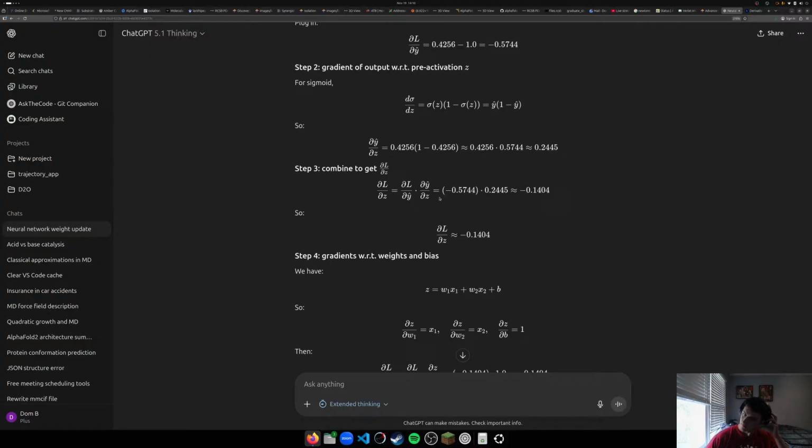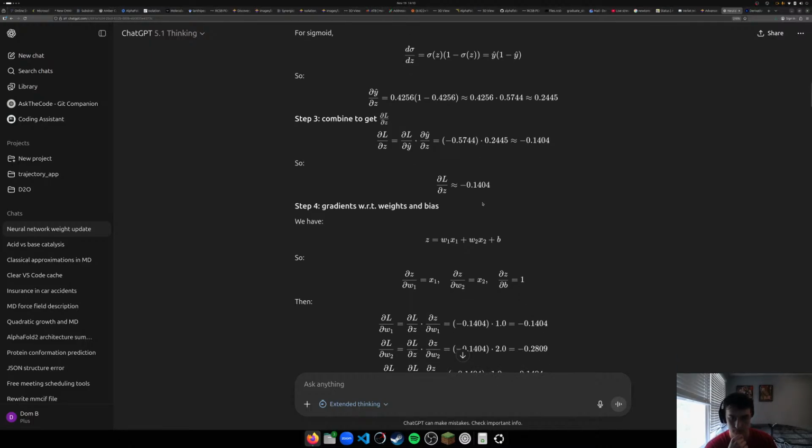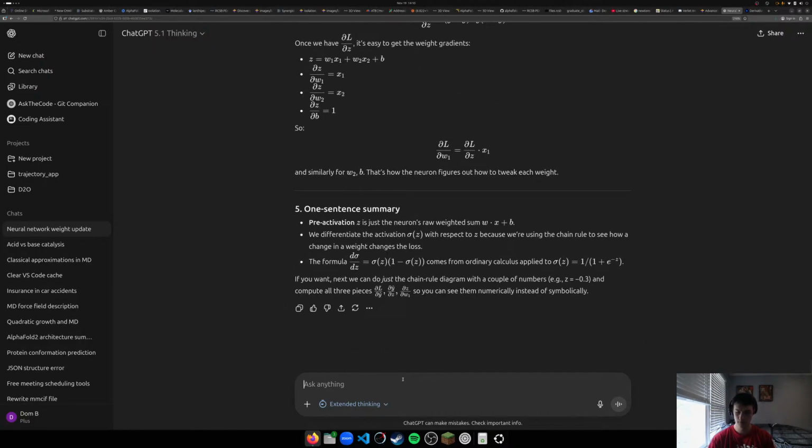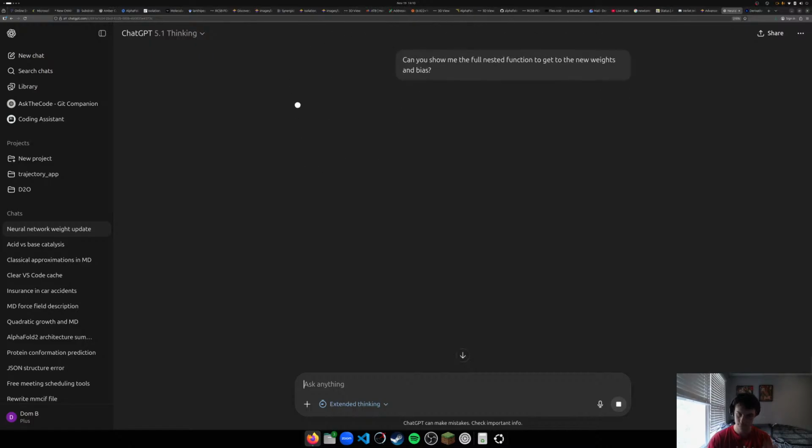So to get these, they multiply together with the chain rule. Well, can you show me the full nested function to get to the... I want to see that.